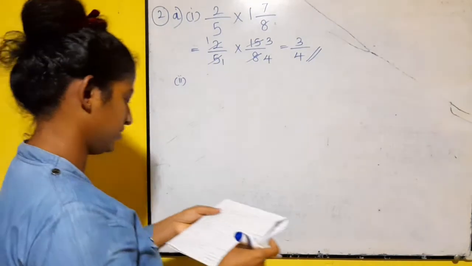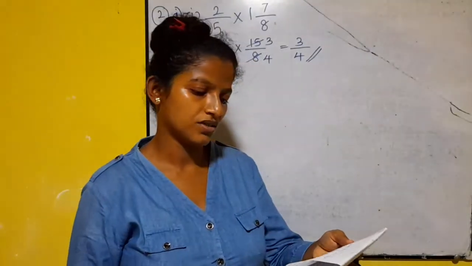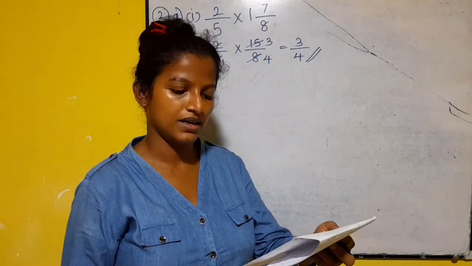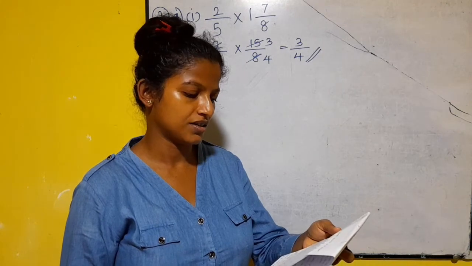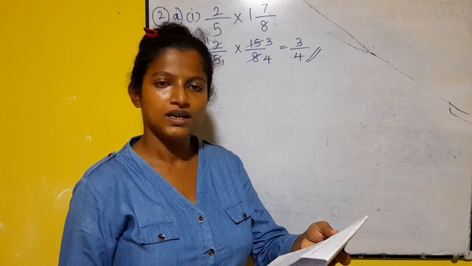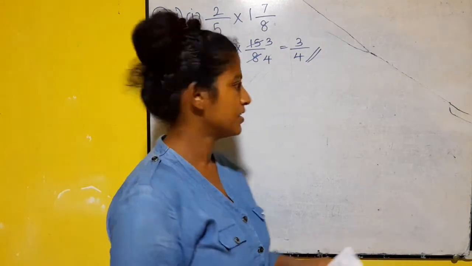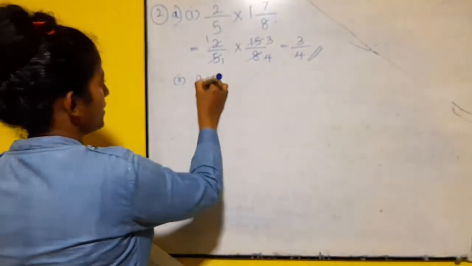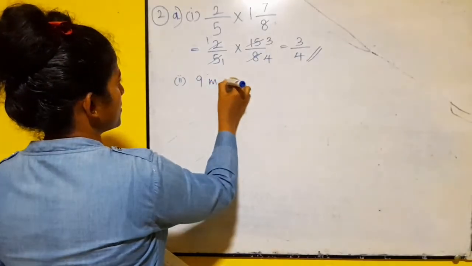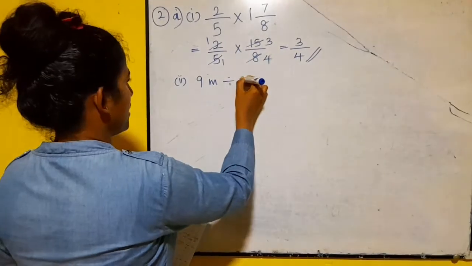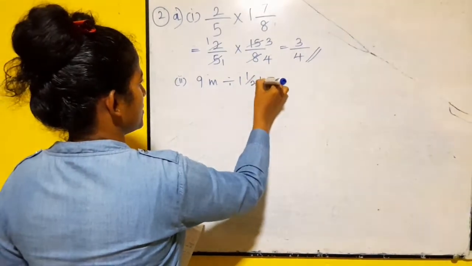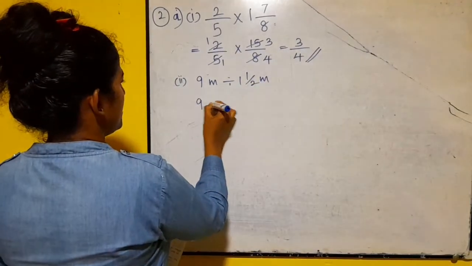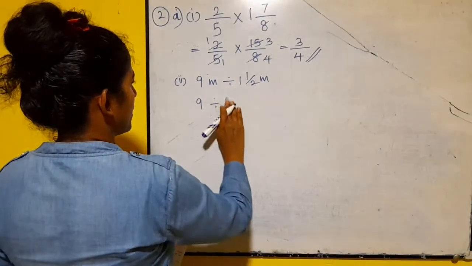Second question, how many pieces of rope of length 1.5 meters can be cut from a rope of length 9 meters? You have to divide 9 meters by 1.5 meters.